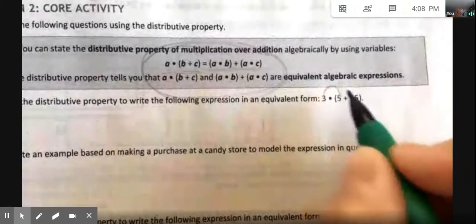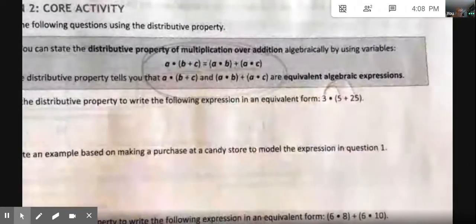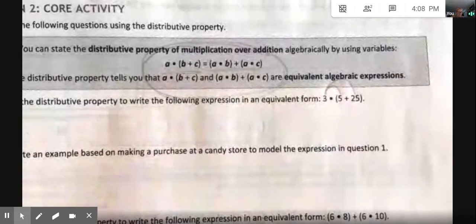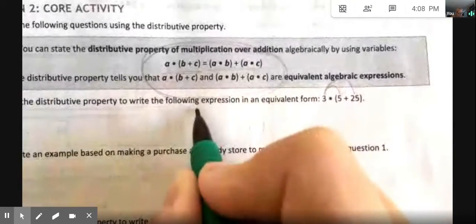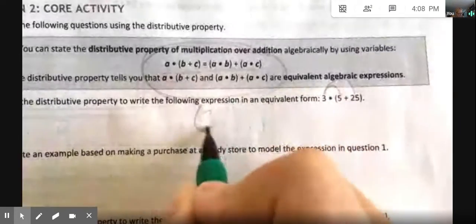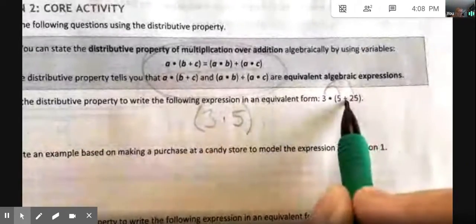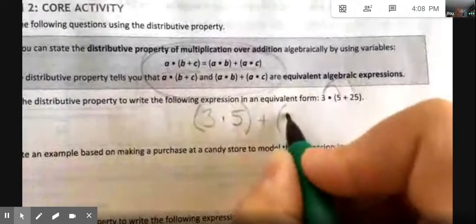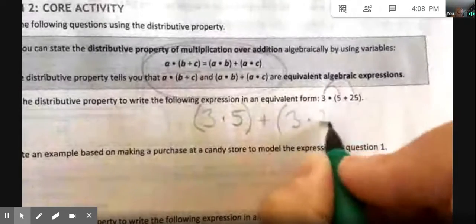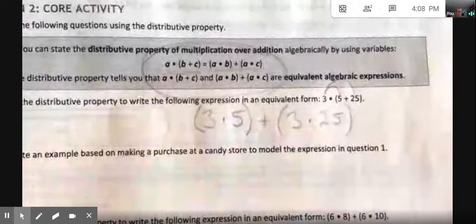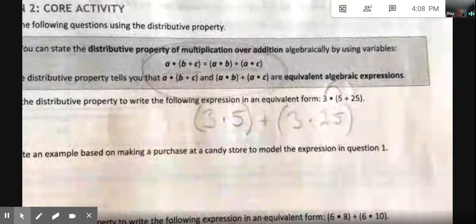Multiply that 3 into the parentheses to both the 5 and the 25. So that will look like 3 times 5 plus 3 times 25. And you don't have to solve it. This is just practicing what the distributive property does.